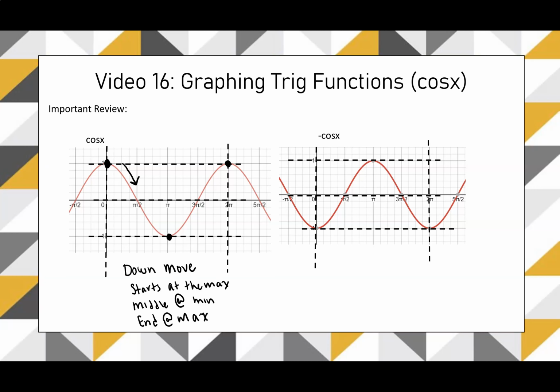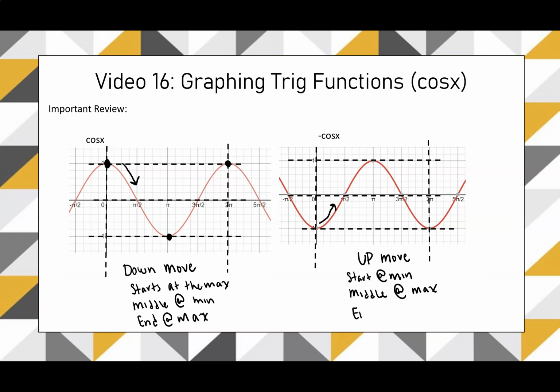Negative cosine, however, you can see that it goes up first. So it does an up move first. And then this is different. Sine was the same for both, but it's not here. Here, we actually start at min. At the middle of our negative cosine graph, we're at the max.